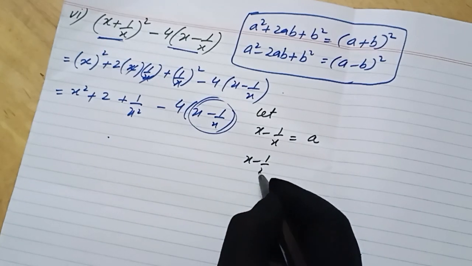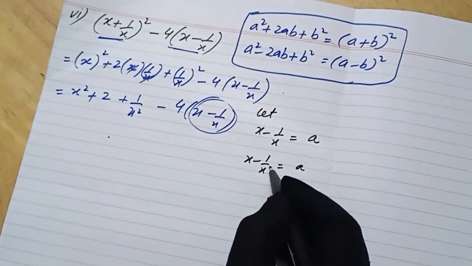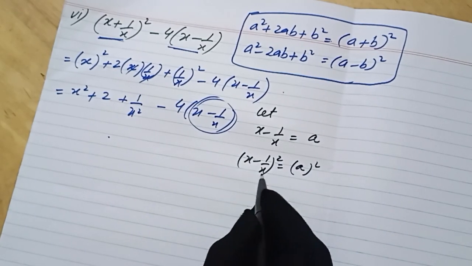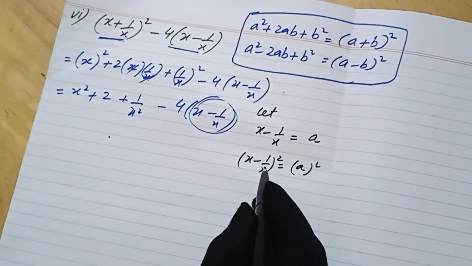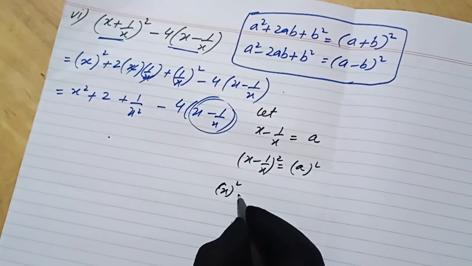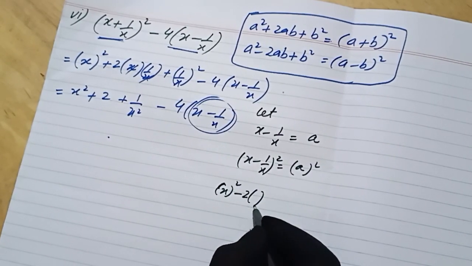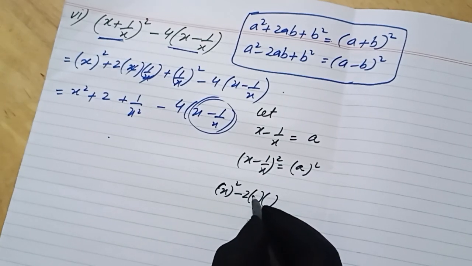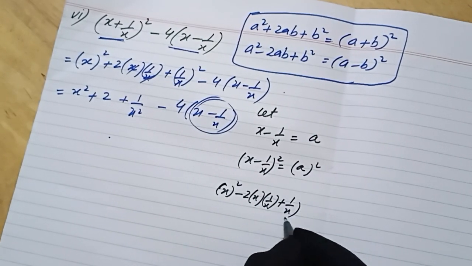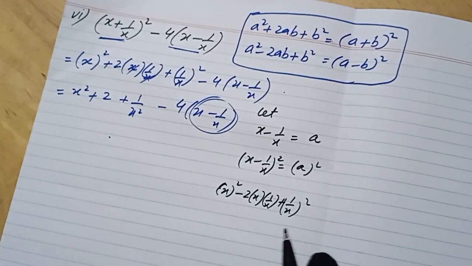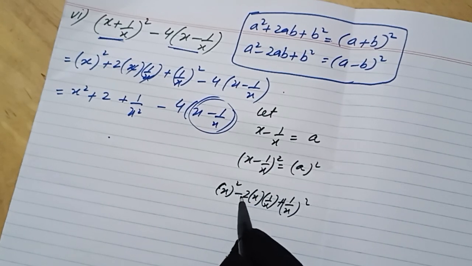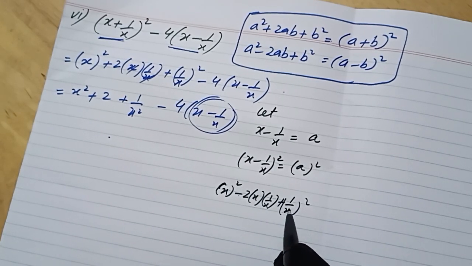So when we take the square on both sides, write it once again, square on both sides. Now open the square as (a minus b) whole square: a square minus 2a into b, where a is x and b is 1 over x, plus b whole square. Try to understand once again: (a minus b) whole square is a square minus 2ab plus b square.